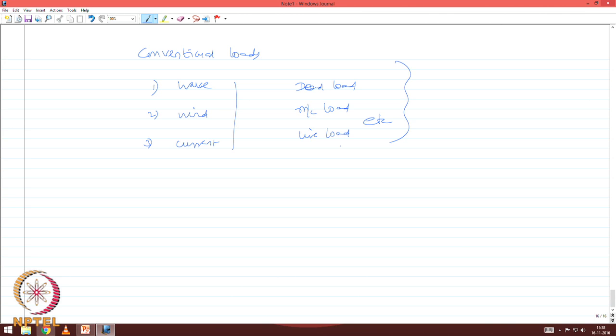So, we now realize that conventional loads which arise from waves, which arise from wind, which can arise from current. Other than that, the dead load, the machinery load, the live load, etc., are all associated with some level of uncertainties.